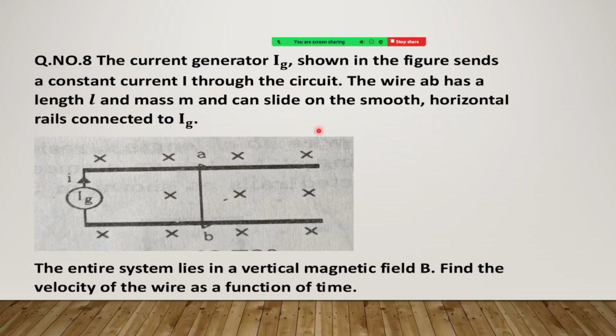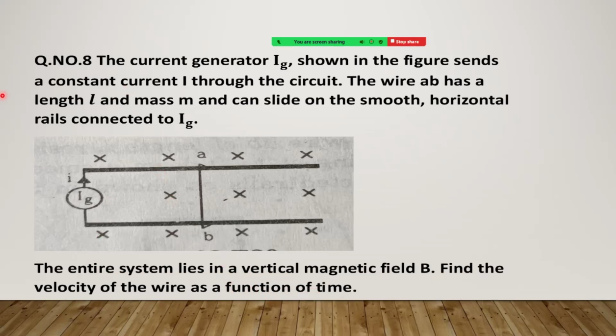The wire AB has a length L and mass M and can slide on the smooth horizontal rails connected to IG. This is the current generator which sends constant current. The entire system lies in a vertical magnetic field B. Find the velocity of the wire as a function of time.